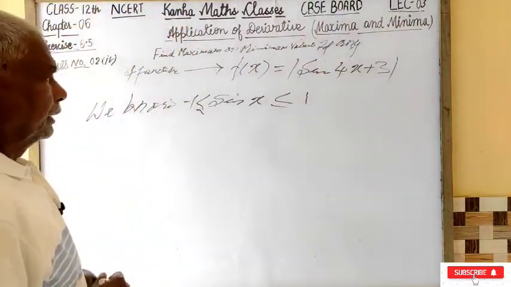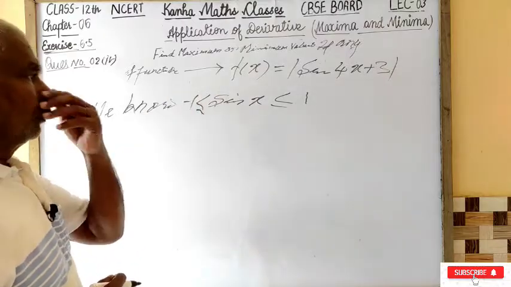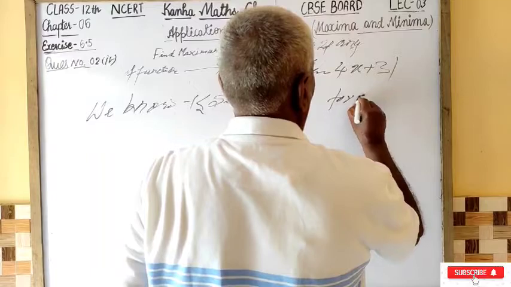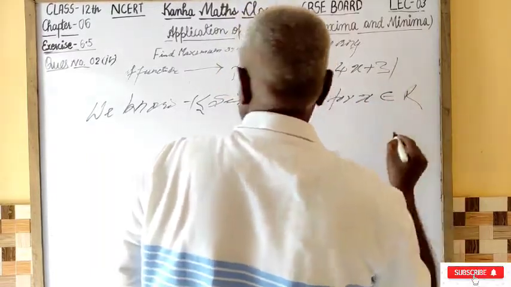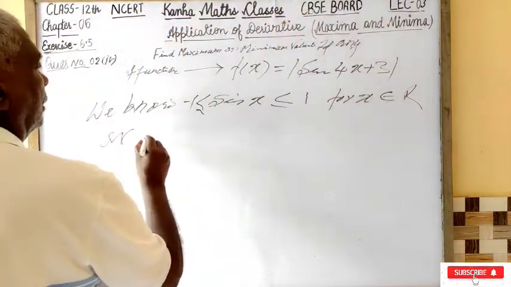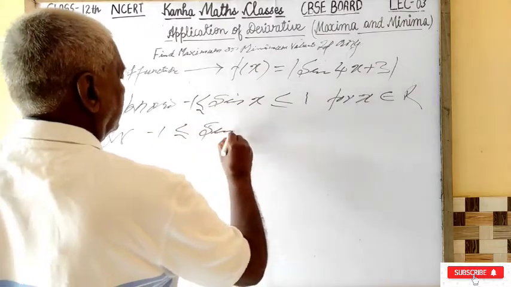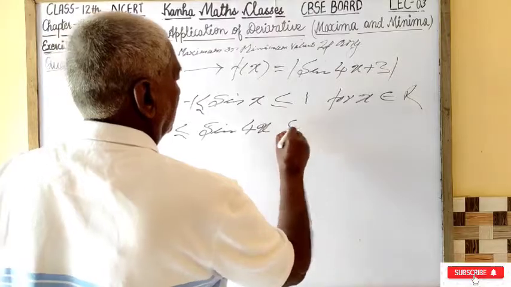We know that the value of sin x lies in between minus 1 to 1, for x an element of real numbers, or minus 1 is less than or equal to sin 4x, which is less than or equal to 1.